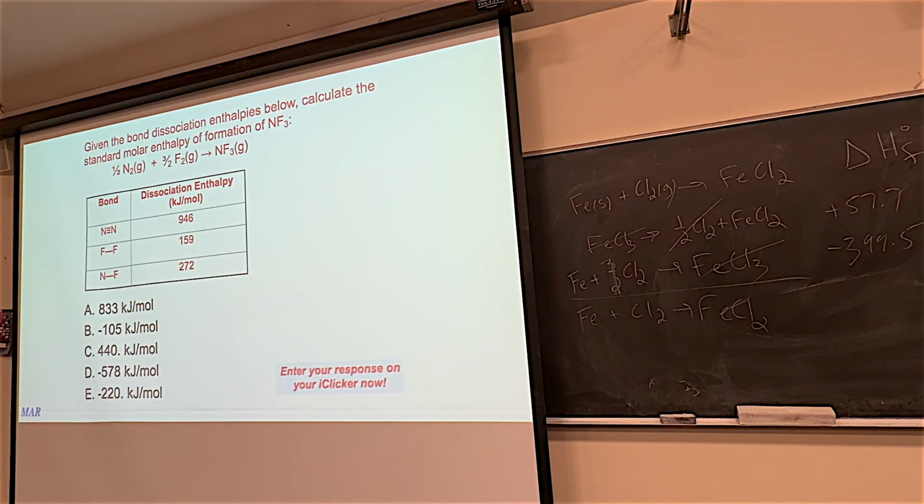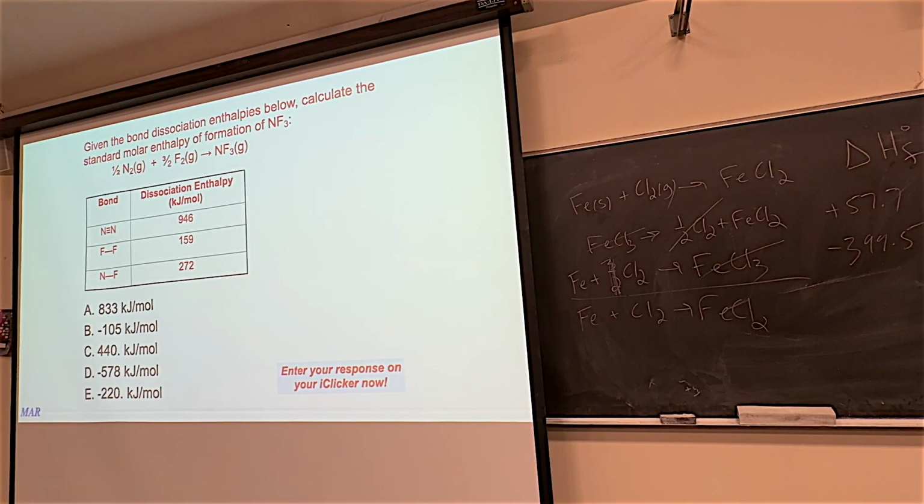Okay. This last one is one of those bond enthalpy problems. Bonds broken minus bonds formed. So N2, there's only one N2. You're going to need 1/2 of that. 3/2 of F2, which is this one, 3/2 of that. So the bonds broken minus the bonds formed.